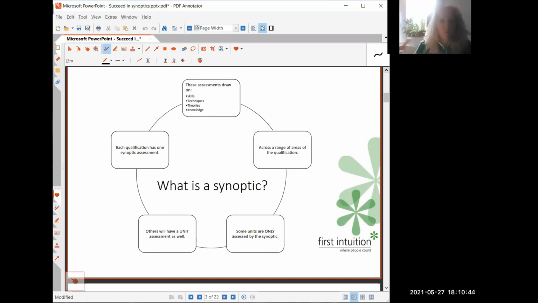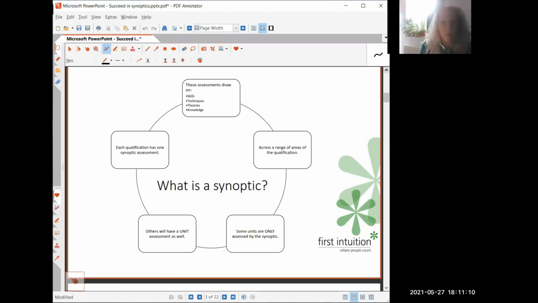Learning outcomes from the different units are going to be tested together, and it's really going to test your understanding of the integration of those areas. Now, lots of the learning outcomes will be tested fairly individually, but you are expected to be able to appreciate how all of those units that you will have studied interact together.